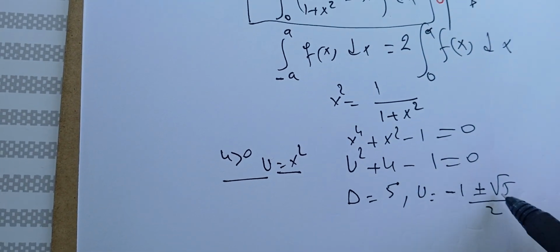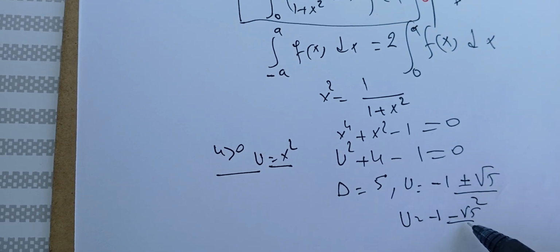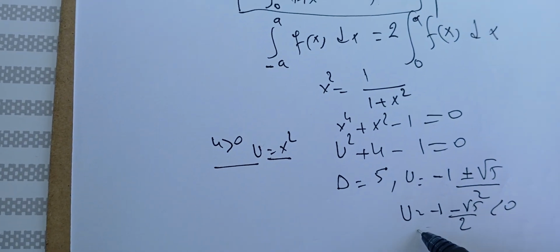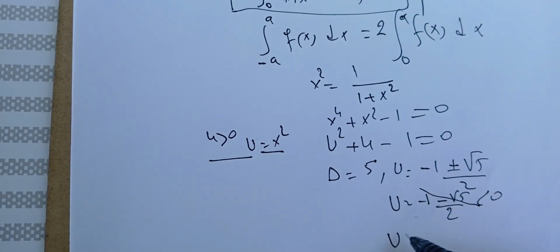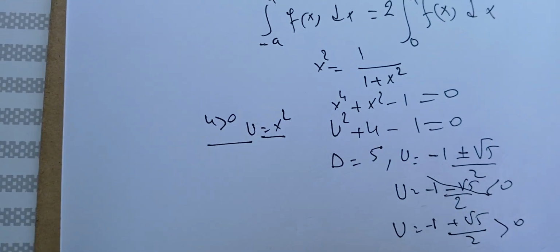Only when u is positive is it accepted. Minus 1 minus square root of 5 over 2 is negative, so it's not accepted. The other one, minus 1 plus square root of 5 over 2, is positive.